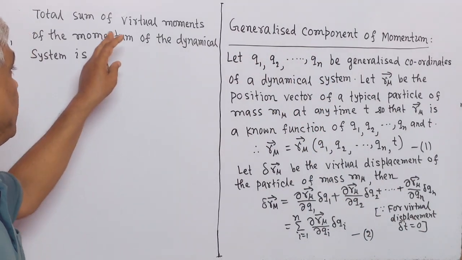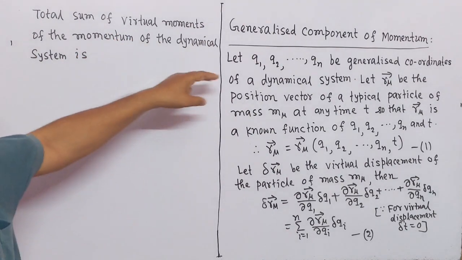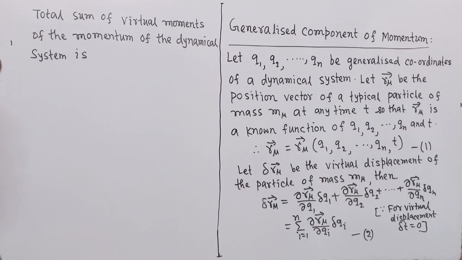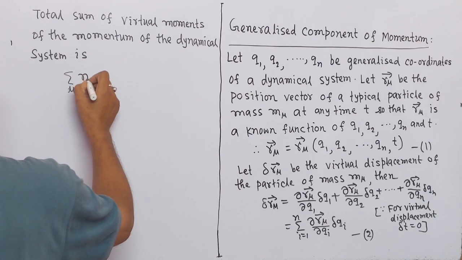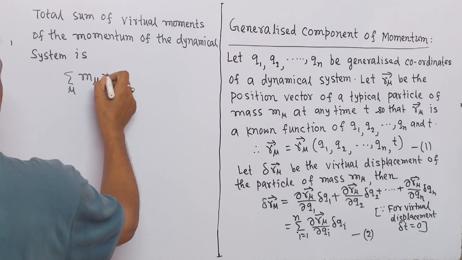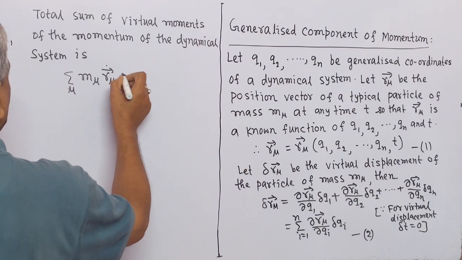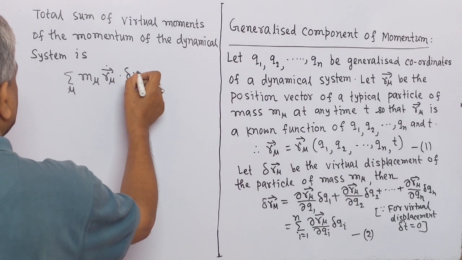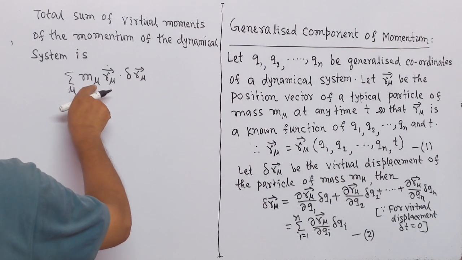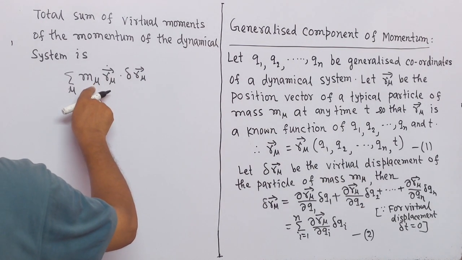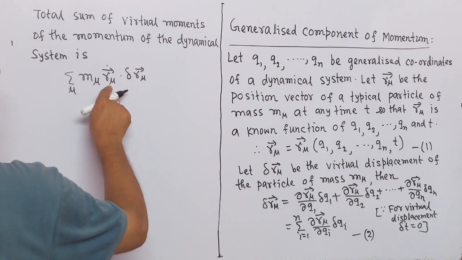The total sum of virtual moments of the momentum of the dynamical system is sigma over mu of m_mu r_mu dot dot delta r_mu. Here m_mu is the mass and r_mu dot is the velocity.